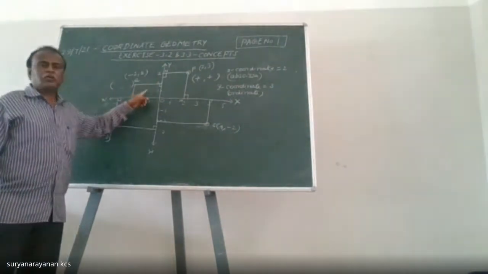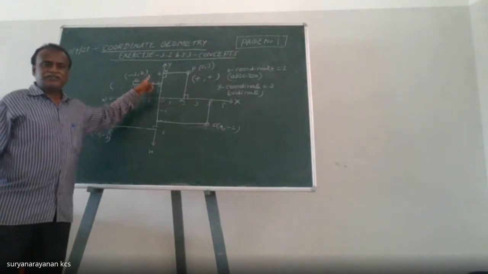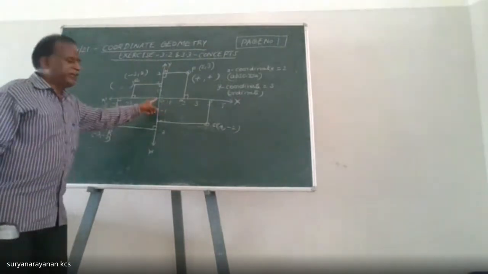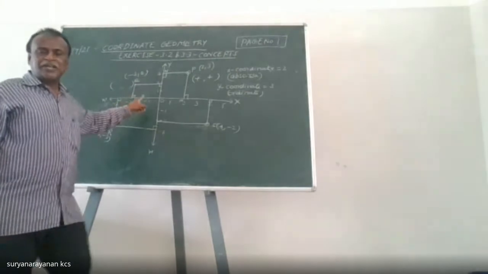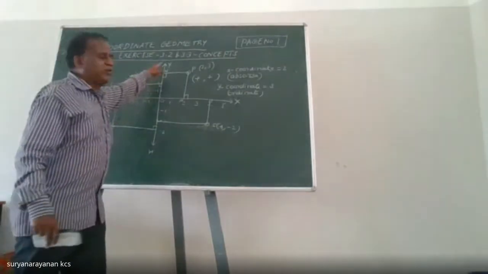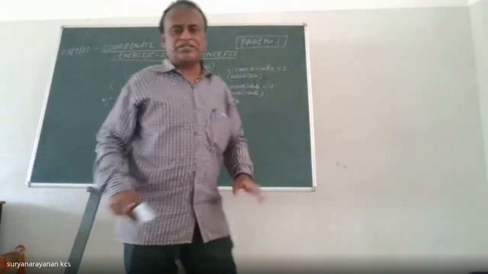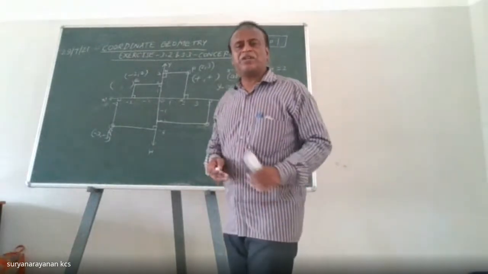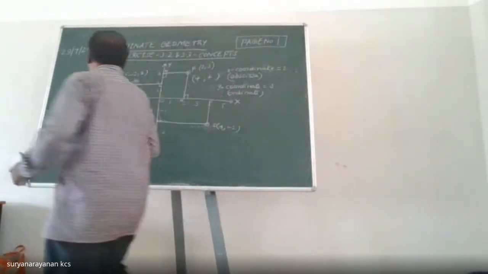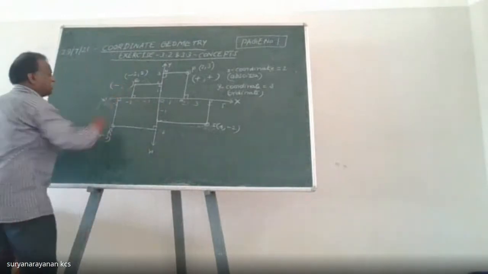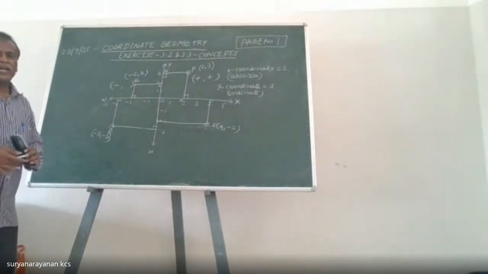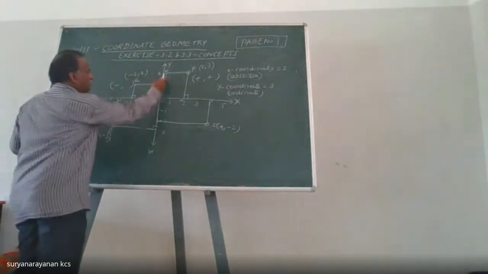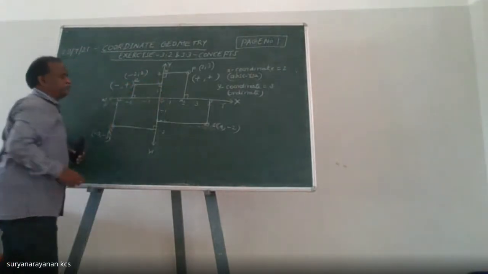Here, the second quadrant has the negative x-axis and the positive y-axis as borders. Yes or no? They are borders of quadrant 2. So here the x coordinate is negative and the y coordinate is positive.